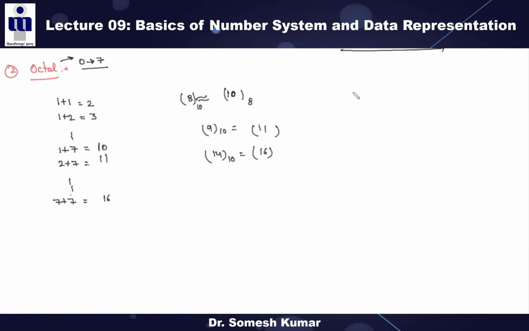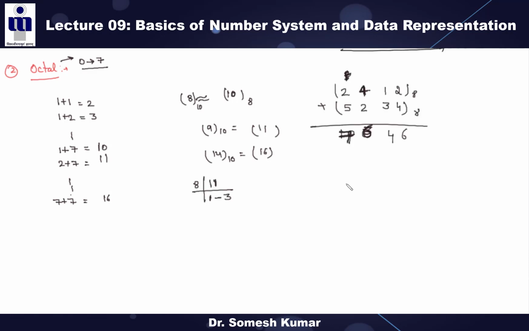For example, I am giving a little bit more complex number, 7652, now it is in the octal, and again 4315. Now add these two octal numbers. 5 plus 2, 7.